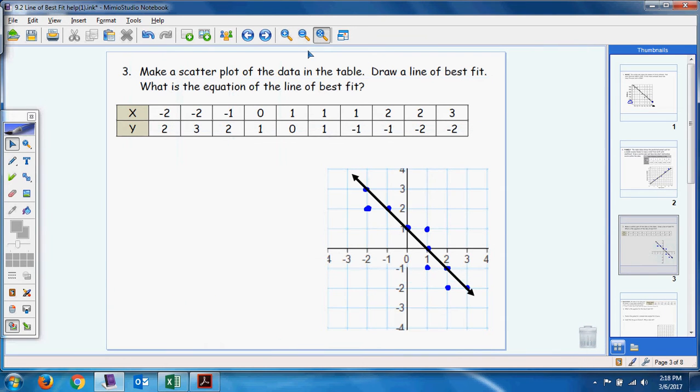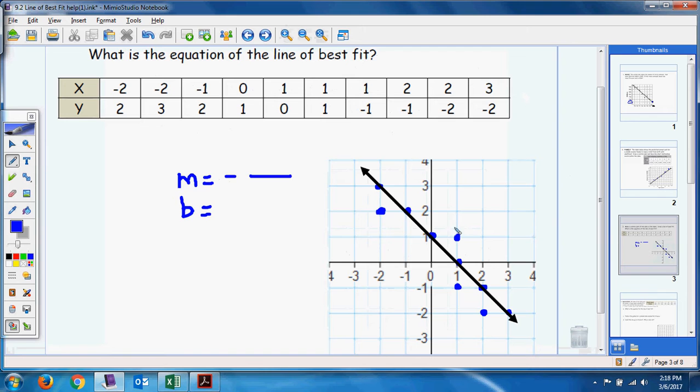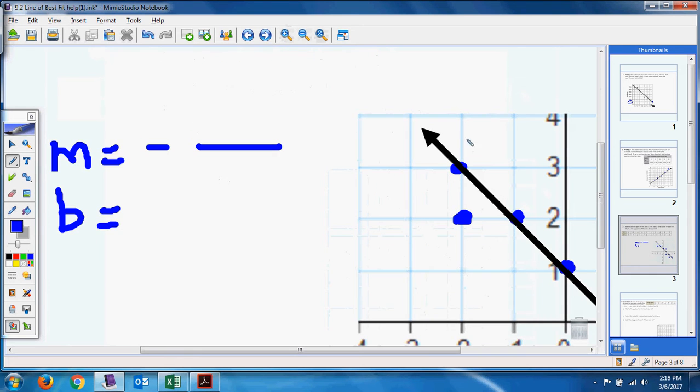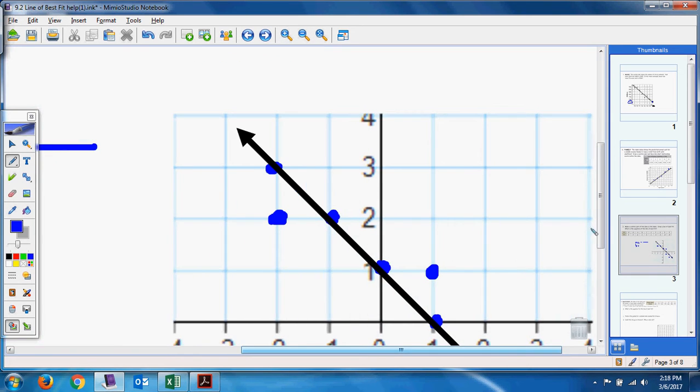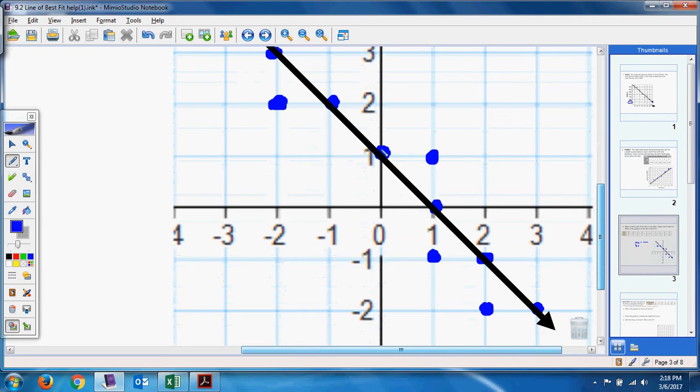All right, so if you remember when we did our graphing information, we need a slope and a y-intercept. Now, we obviously know the slope is negative because it is going downhill. We need rise over run, and we need our y-intercept. So the way that we did it previously is we look for the y-intercept first. Y-intercept again is here, and that's at 1.